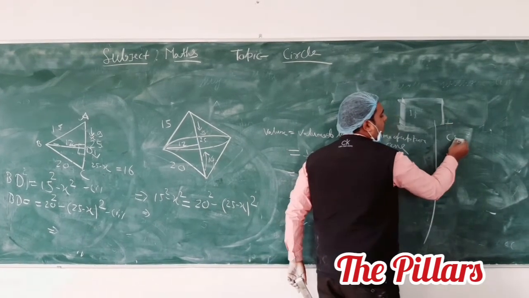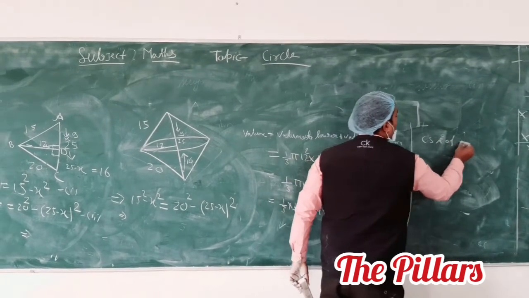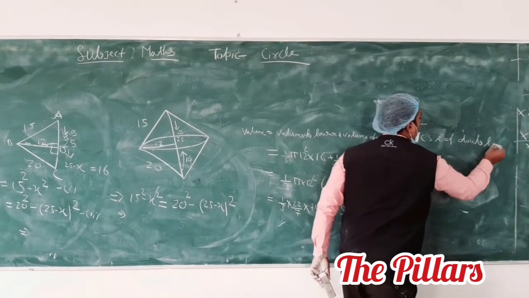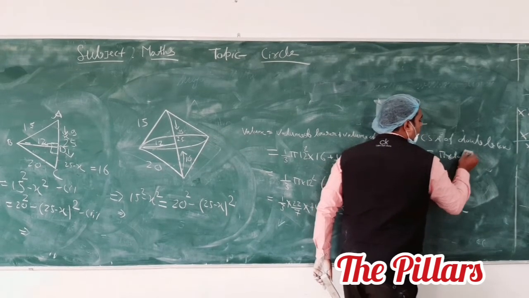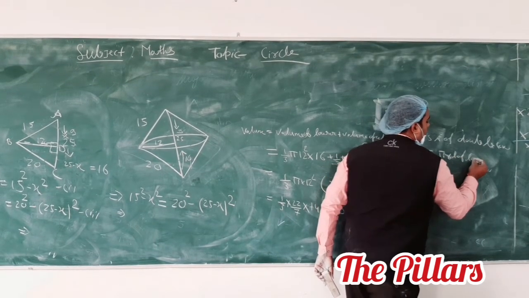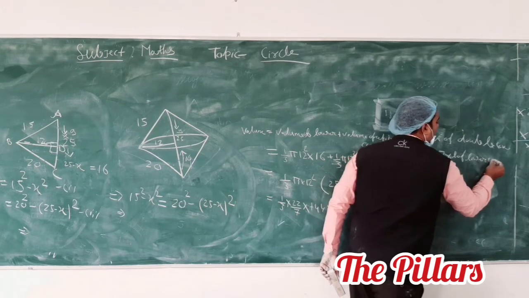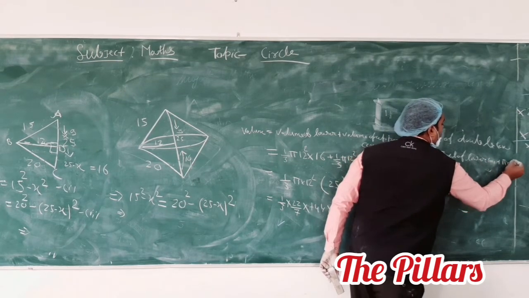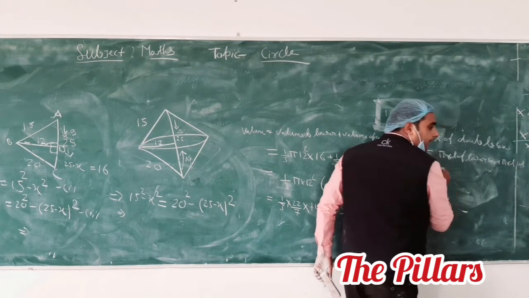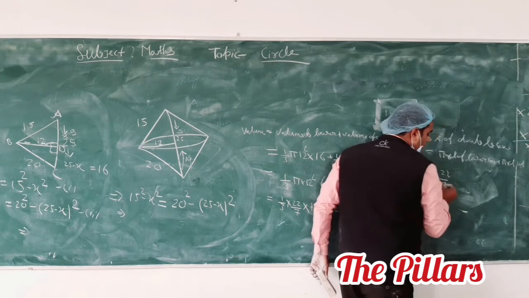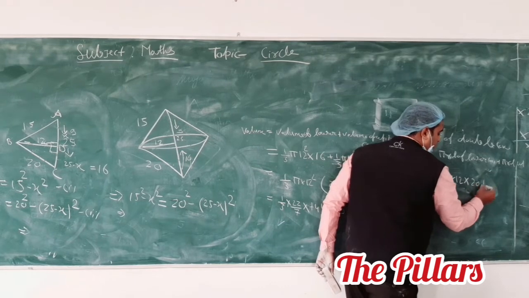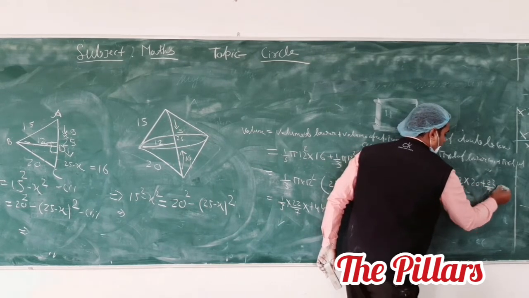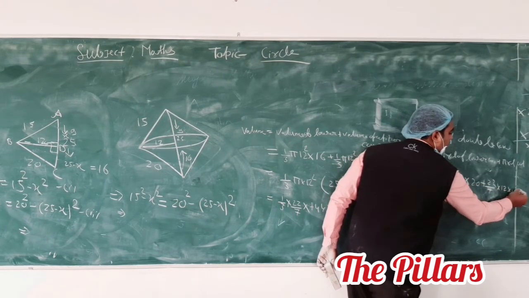Curved surface area of the double cone equals pi r l of the lower cone plus pi r l of the upper cone. Pi is 22 by 7, the value of r is 12, the value of l is 20, and here 22 by 7 into 12, the value of l is 15.